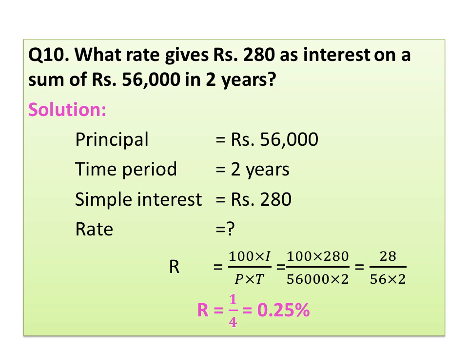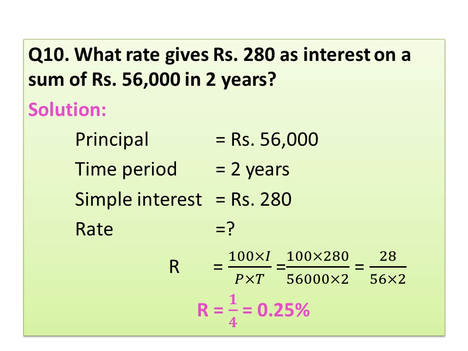That is equal to 100 multiplied by, in place of interest we will write 280, upon, in place of principal P, 56,000, and in place of time period we will write multiplied by 2. After this calculation, from 100 to 0, from 280 one 0, and from below 56,000 three zeros we can cancel.